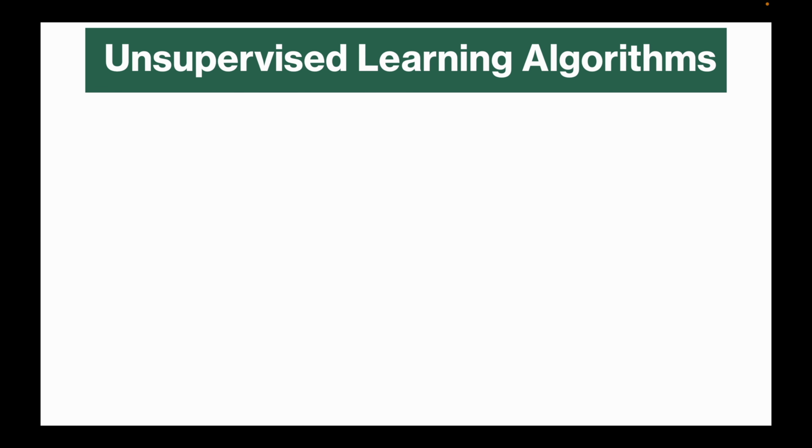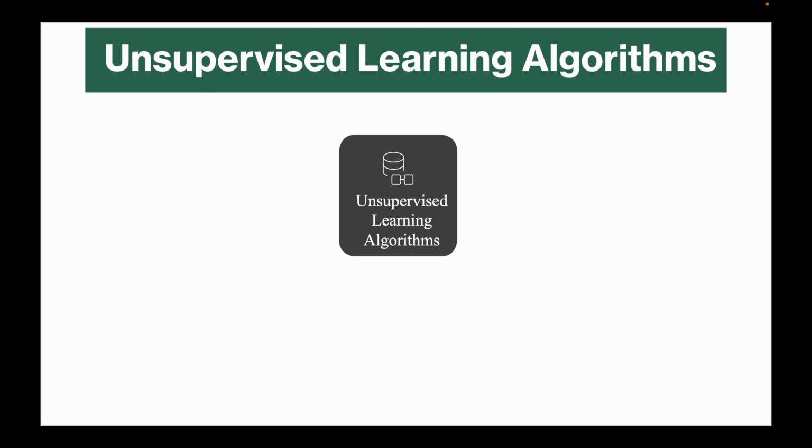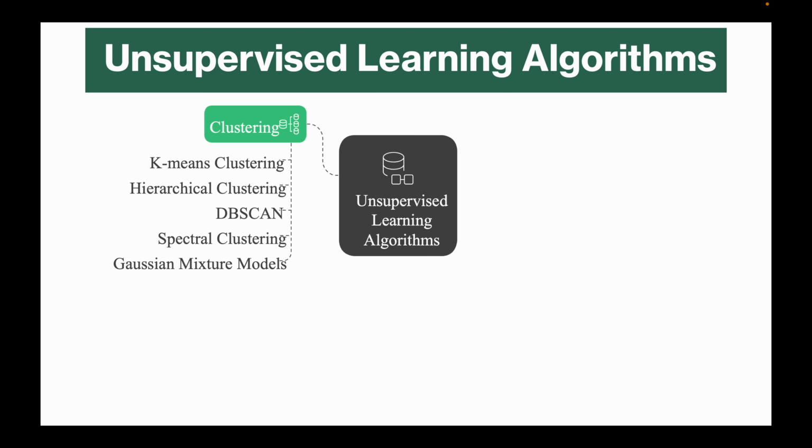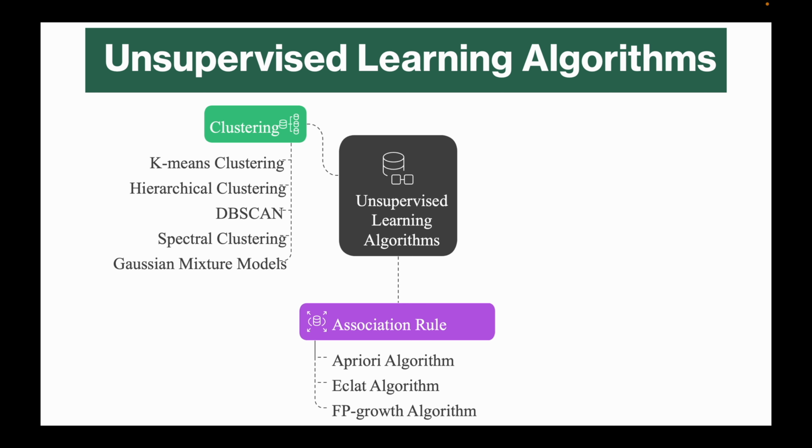Unsupervised learning algorithms. Now let's see some popular algorithms used in unsupervised learning. In clustering, we have K-means clustering, hierarchical clustering, density-based clustering, spectral clustering, and Gaussian mixture models. In association rule methods, we have the Apriori algorithm, Eclat algorithm, and FP-growth algorithm.